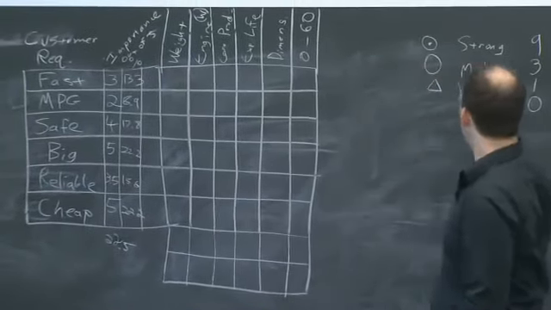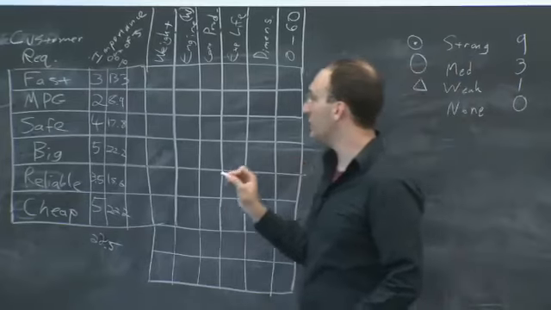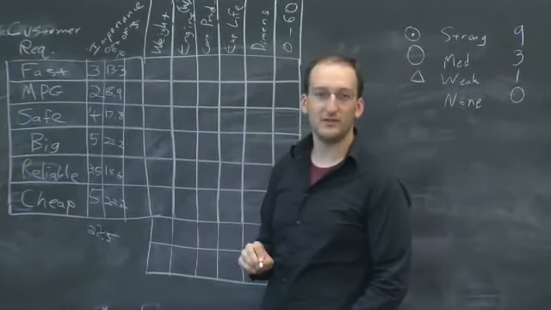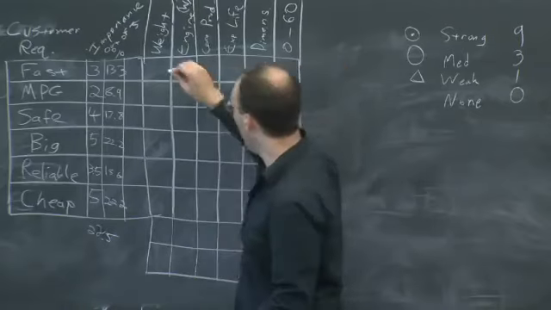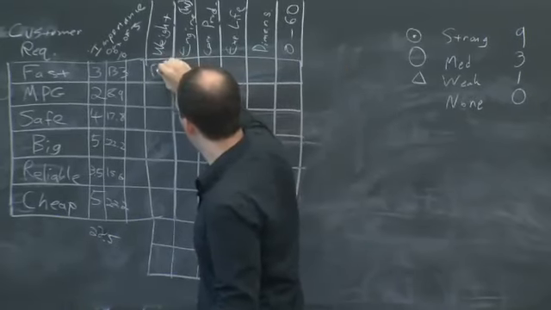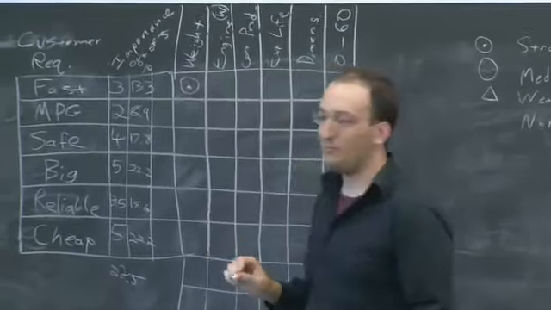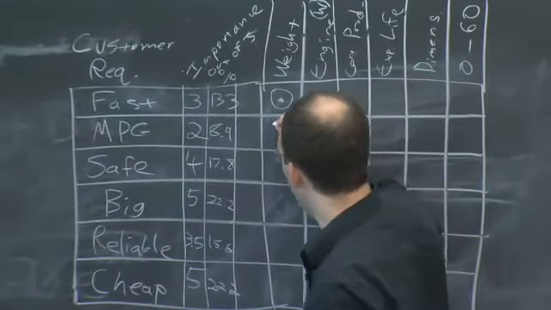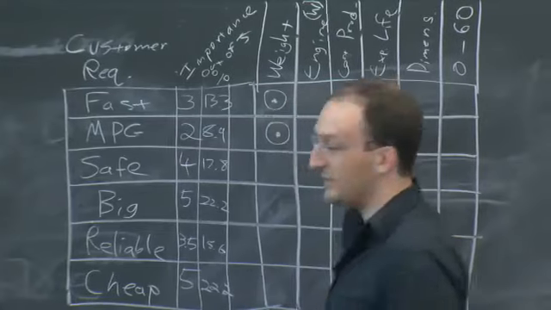So do you guys think there's a strong, medium, weak, or no association between the weight of the car and how fast it is? Strong, okay. How about the weight and miles per gallon? Okay. How about the weight and the safety?